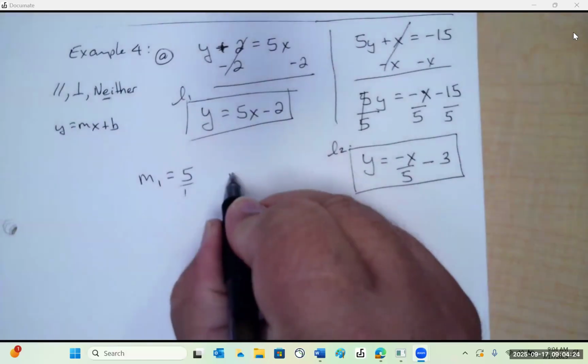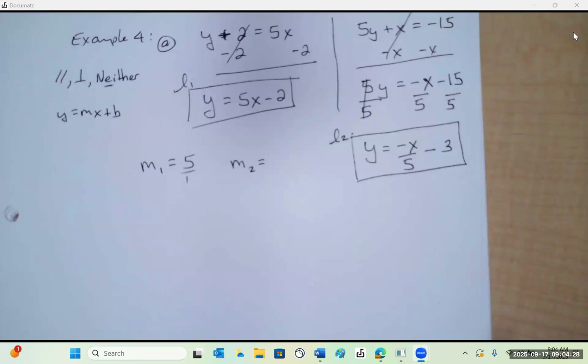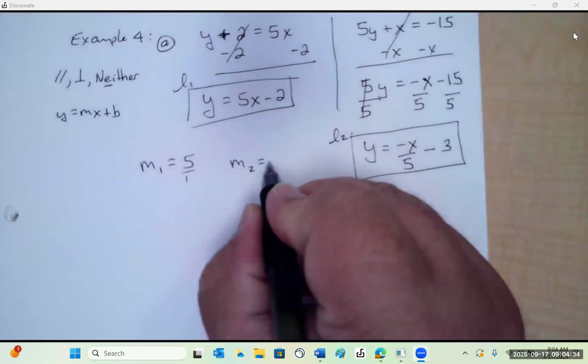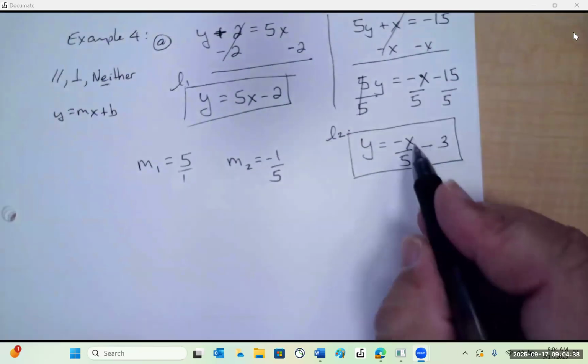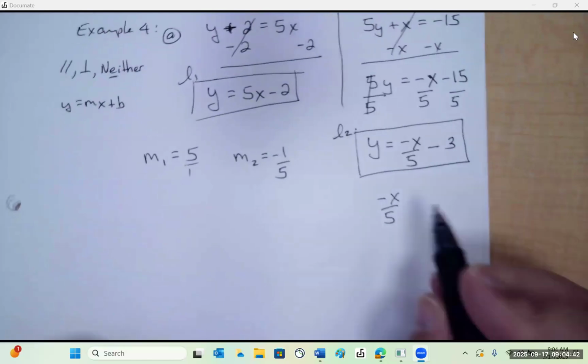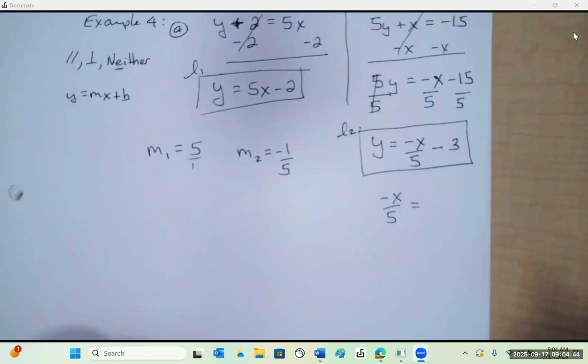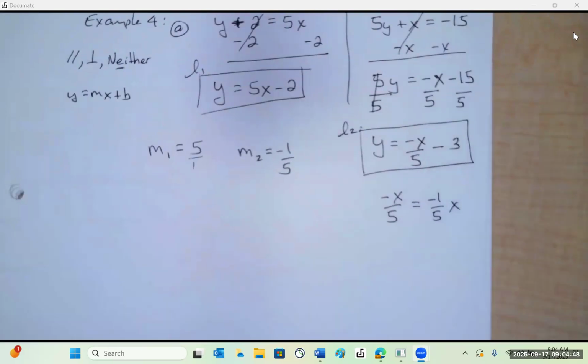How about the slope of line 2? Very good. That was a trick question. Because if you have negative x over 5, what number is in front of x? 1. So it's negative 1 over 5x. Same thing.